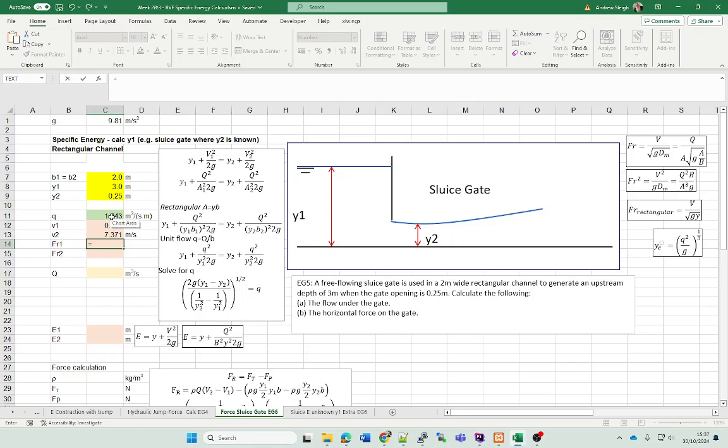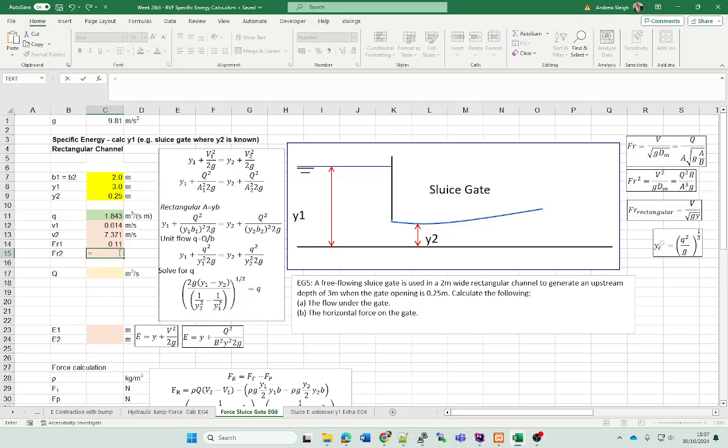Remember our Froude number there, v over root g y, so velocity 1 divided by square root of g times y1. It's extremely small, so it's hardly moving.